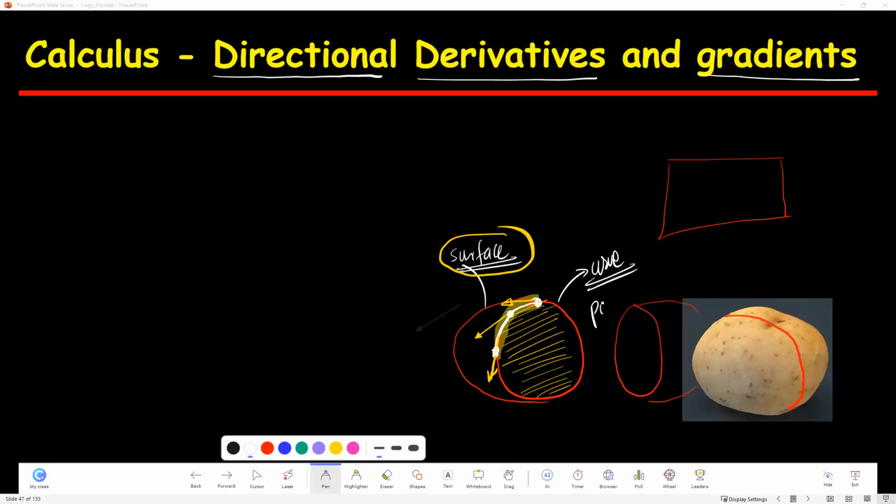You need to get a point. And after that, what exactly are you going to be doing? You're going to be talking about how fast or slow this curve changes. This is exactly the directional gradient.